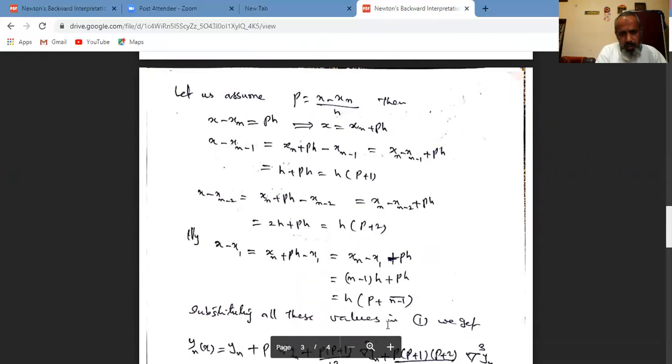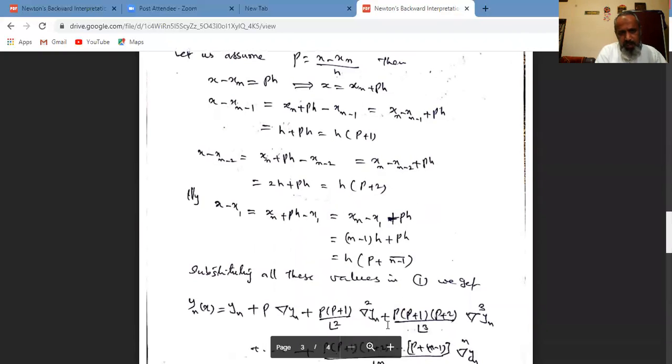So we have determined all the factors: x minus xn, x minus x(n-1), x minus x(n-2), and the last, x minus x1. Now substituting all the values, that is a0, a1, a2, a3, up to an, and x minus xn, x minus x(n-1), x minus x(n-2), up to x minus x1, in the backward interpolation polynomial that we have assumed, that is in equation 1.